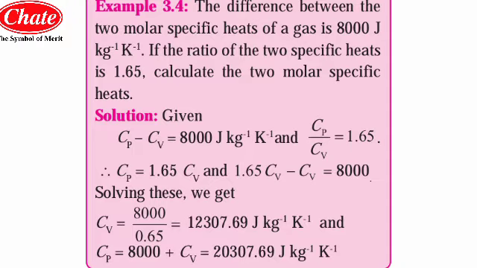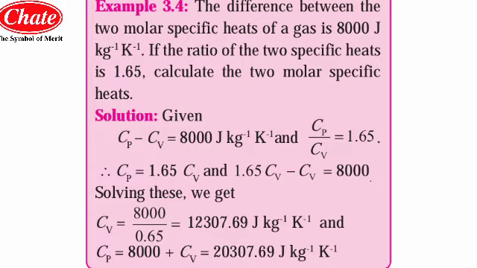So Cp upon Cv is equal to 1.65. From this relation you can calculate the value of Cv or Cp. For our convenience we will calculate the value of Cp, which is equal to 1.65 into Cv. This value of Cp, 1.65 Cv, we will put into the above equation.